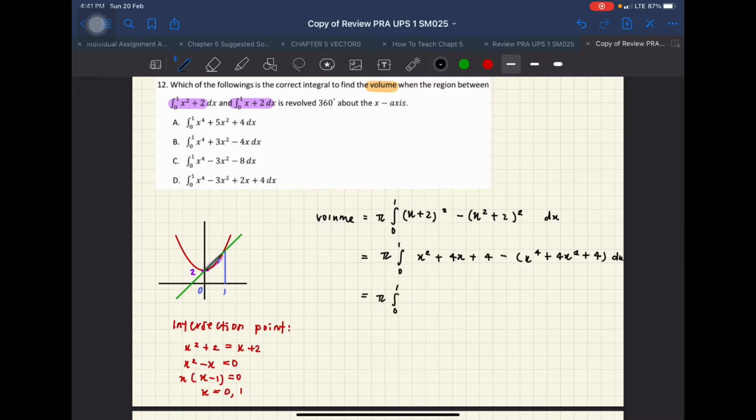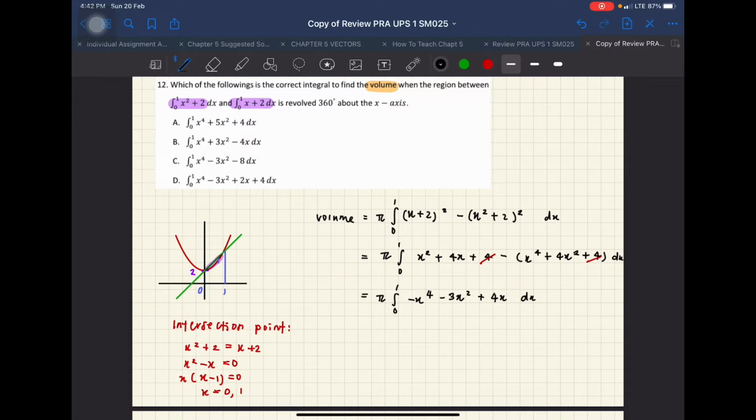The highest degree of our polynomial is negative x to the power of 4. And then we have x squared, this one and also this one. So x squared minus 4x squared, you get negative 3x squared. And then what else do you have? You have 4x plus 4x, and the 4 cancels out. Okay, so this is what you get.